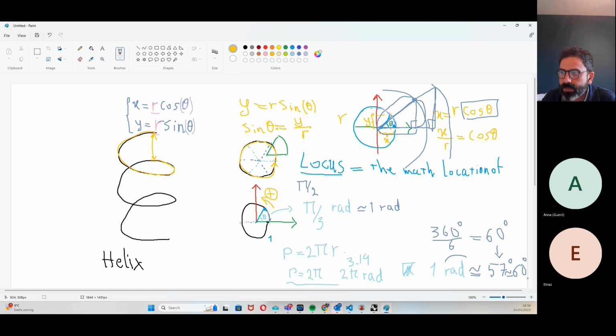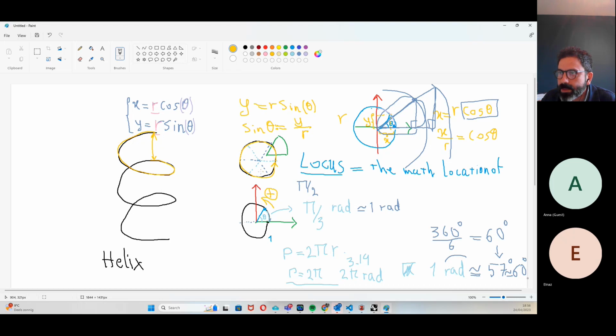So if I tell you that I want the angle to be positive a fourth of pi, that will be 45 degrees, right?